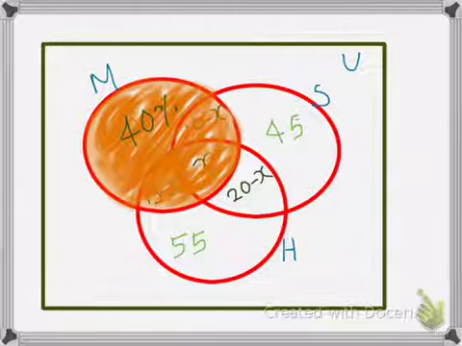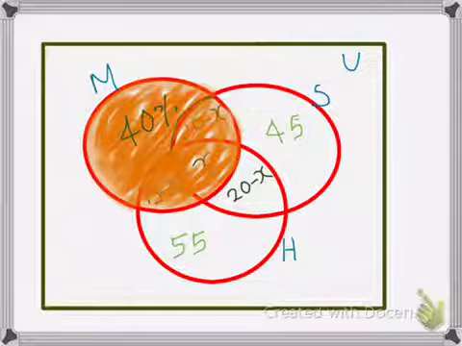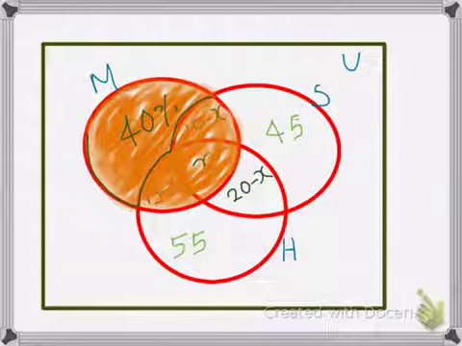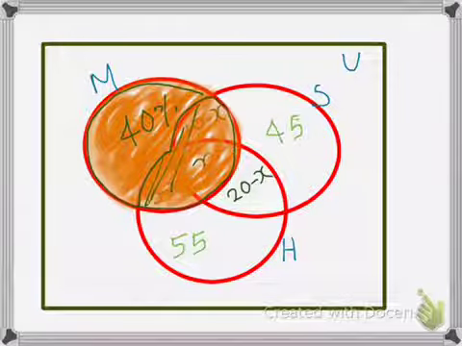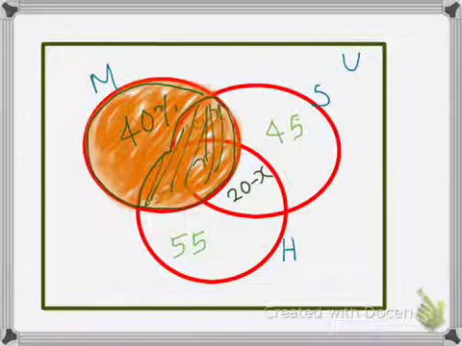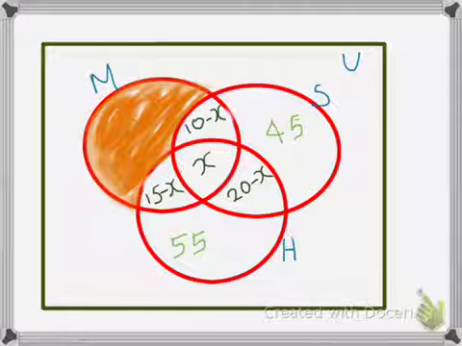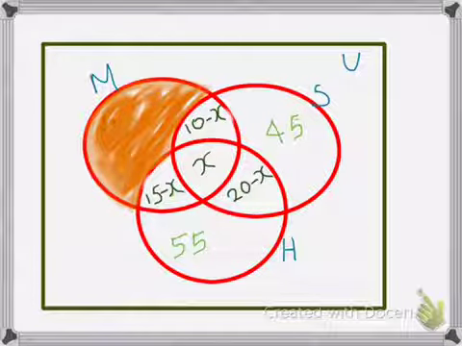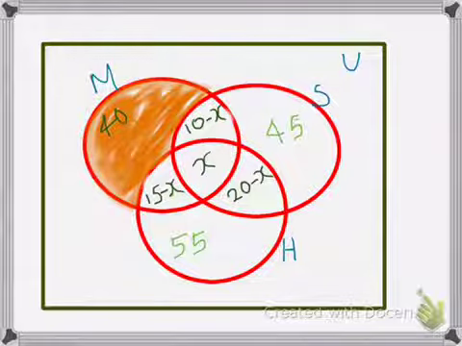Now in order to get the students who passed in math only, we have to subtract this intersection part from the total M circle, which is this remaining part. So we have to subtract 15 minus X plus X plus 10 minus X from this overall 40.